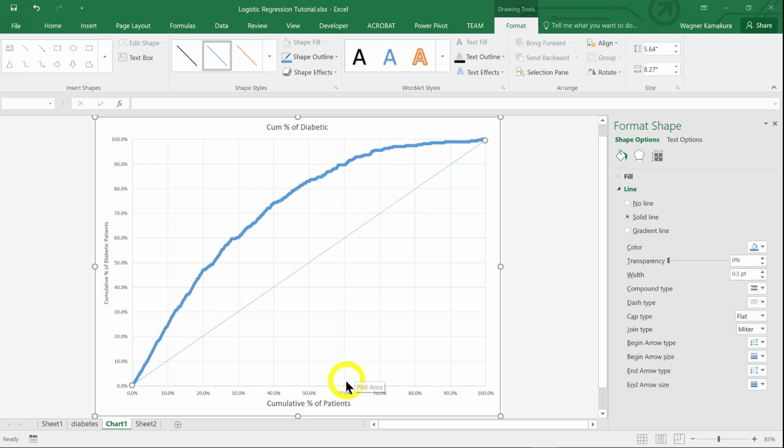Or you can evaluate this chart directly. The top 70% of patients with the highest propensity score account for 95% of all diabetic patients. The top 40% of the highest propensity score patients account for 75% of the diabetic patients.